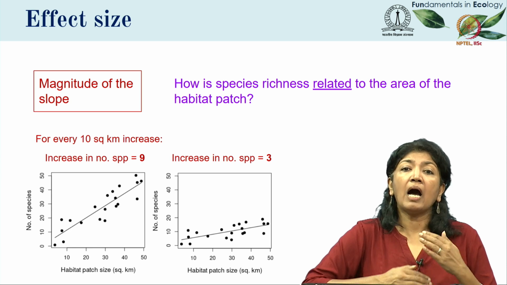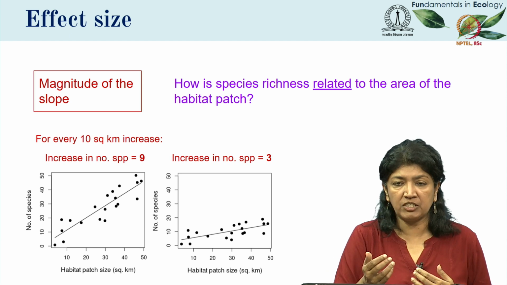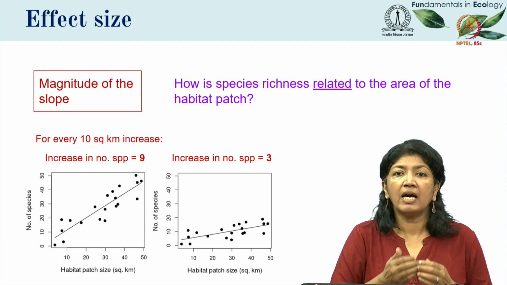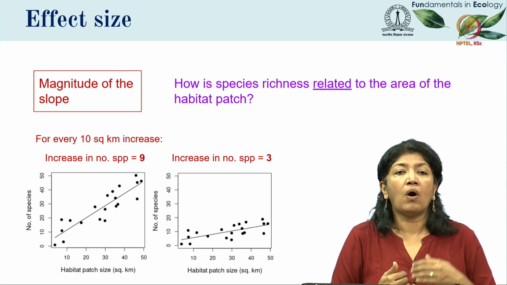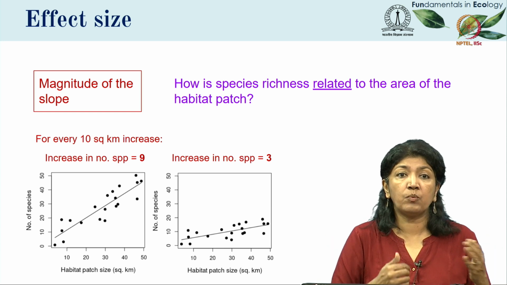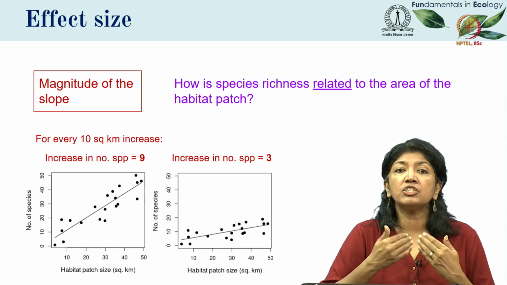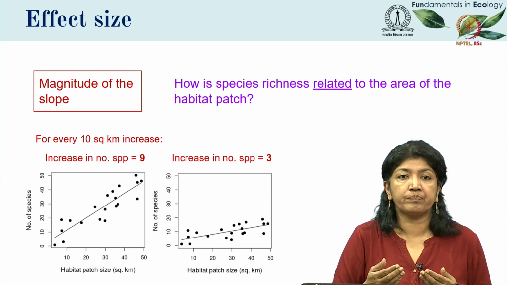That is, by how much does species richness, that is the number of species, change as habitat patch size increases? So, on the left you have a case where for every 10 square kilometer increase you get an additional 9 species. So, that is a large effect.